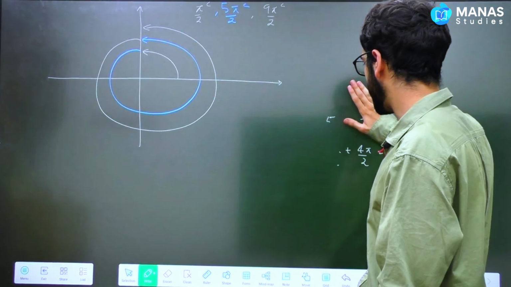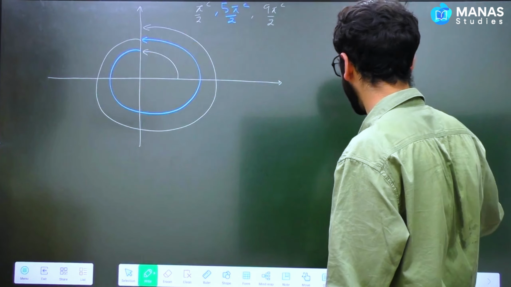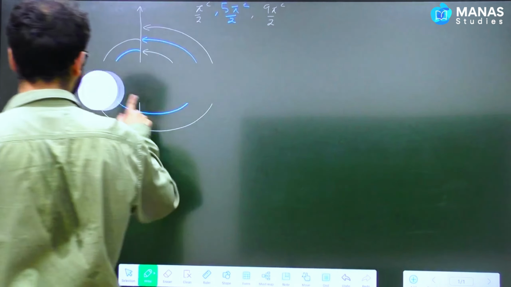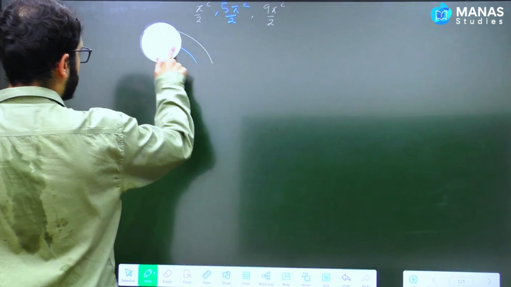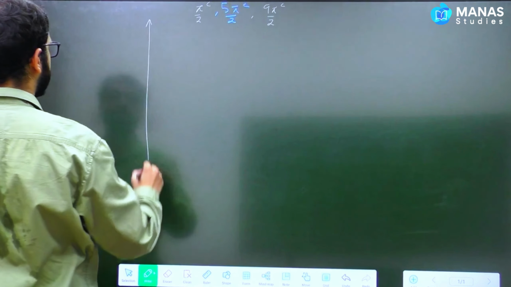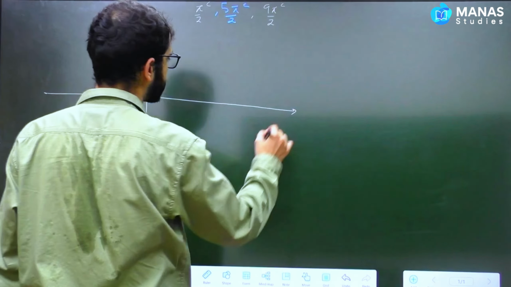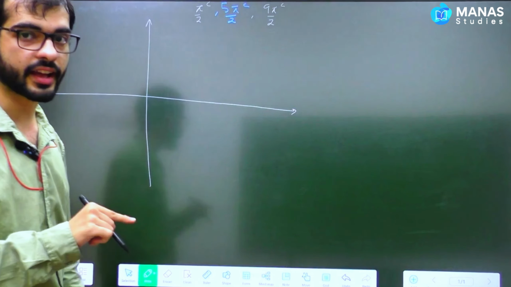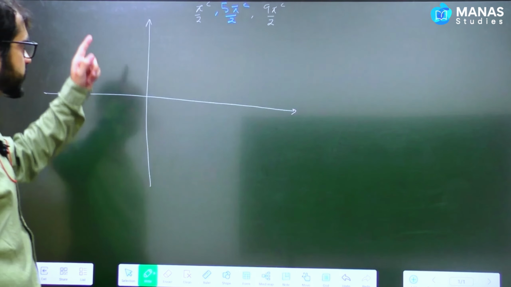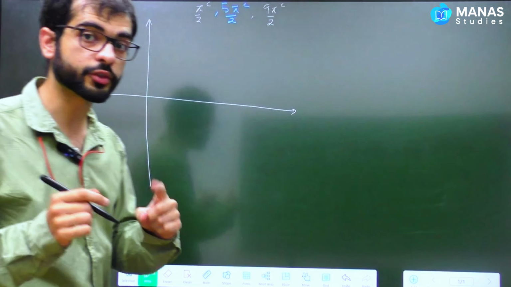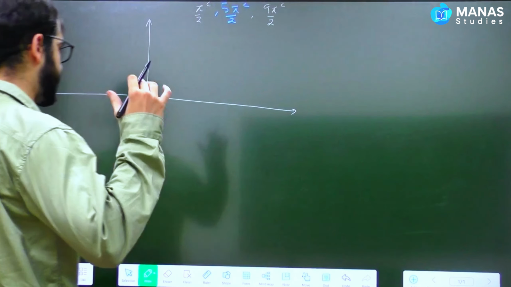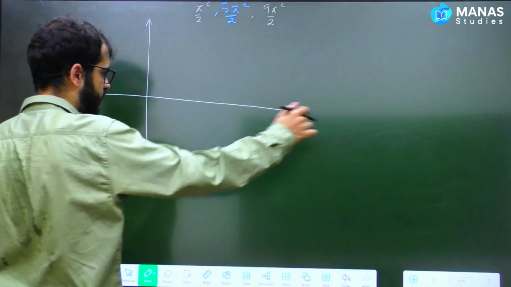Now let's observe another case in which I am going to move in a clockwise direction. If this is my coordinate plane, I am measuring the angles corresponding to positive y-axis, but now I have to move in clockwise direction. And as we remember, angle is always measured from positive x-axis.